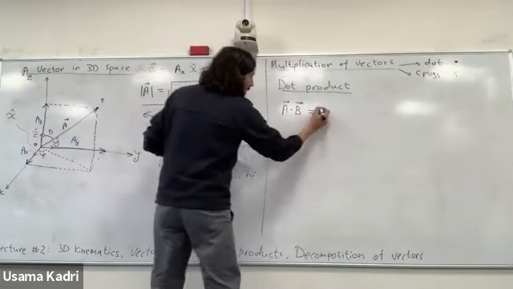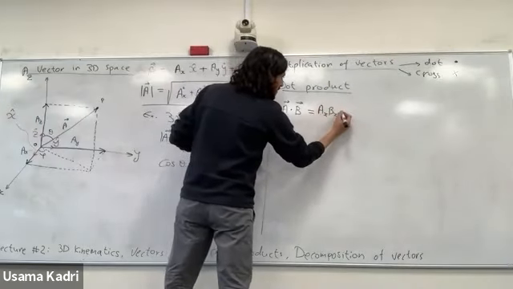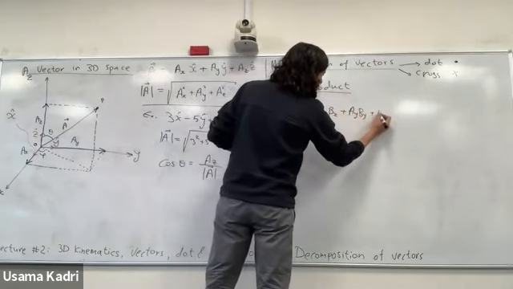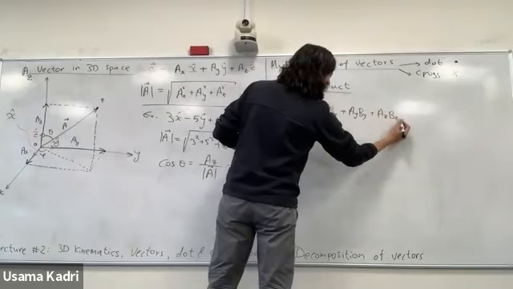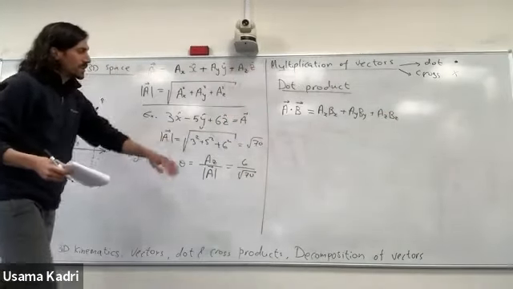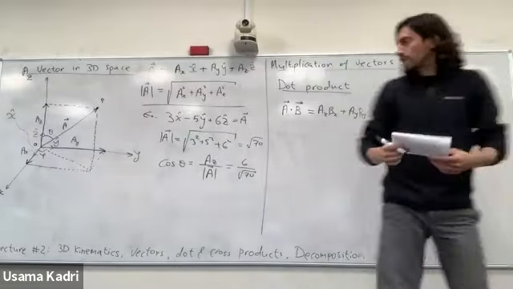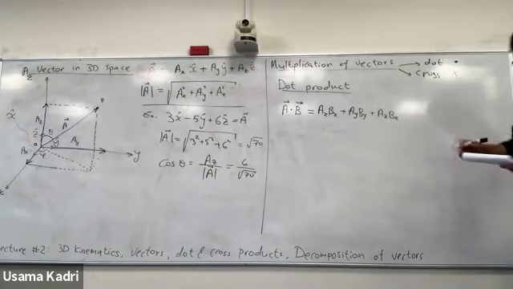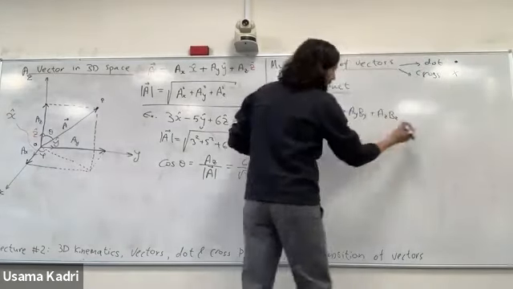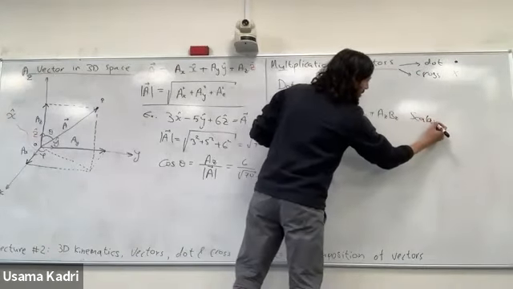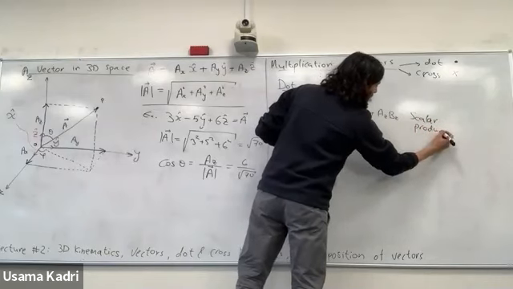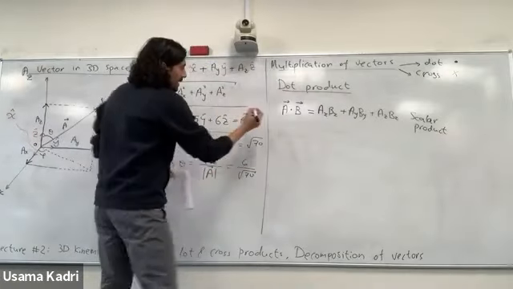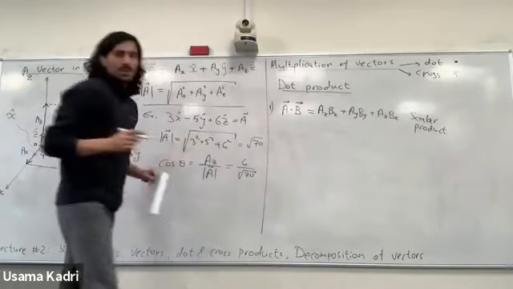So AX BX plus AY BY plus AZ BZ. Note, there are no longer vectors here. These are all magnitudes. So this is a scalar product. This is one way to find it.